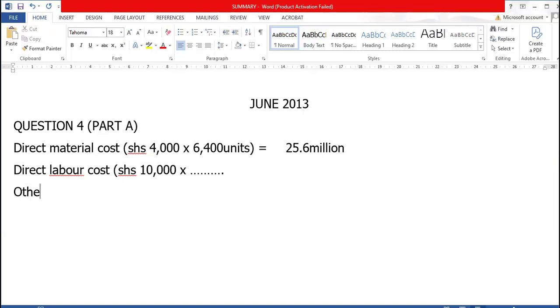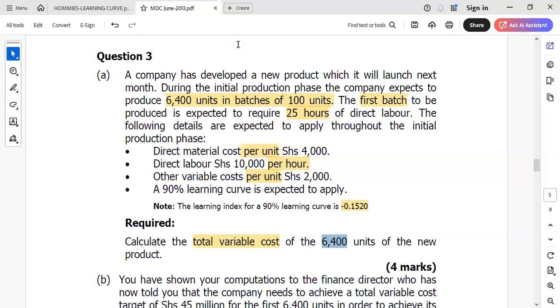Then other variable costs, they told us it is shillings 2,000 per unit.